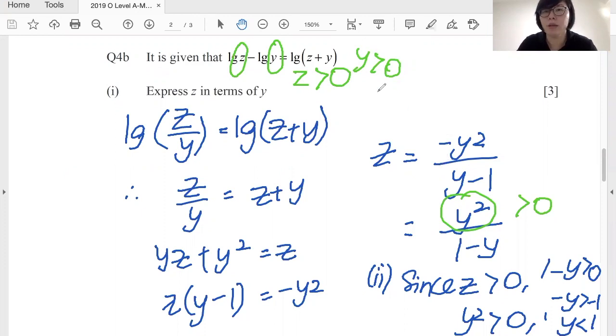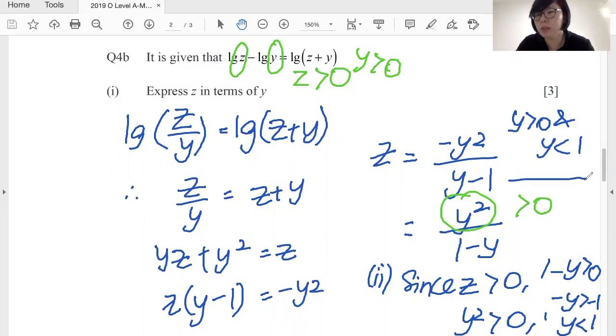All right. So how do we write down, how do we show that? Continue from this part. y has to be more than 0 and y has to be less than 1. So if you want, you can draw a little number line if you cannot see. So this is 0.